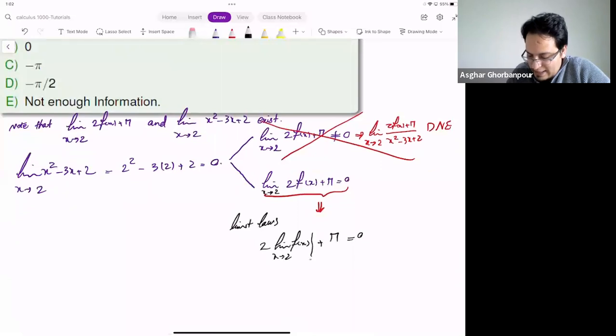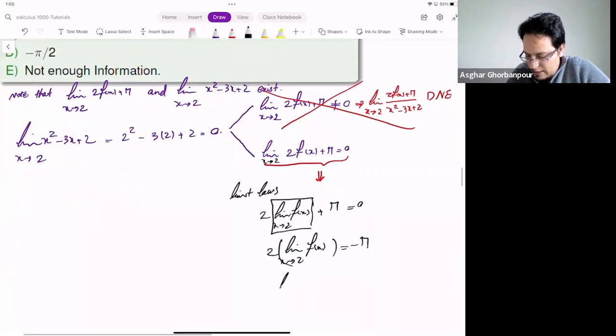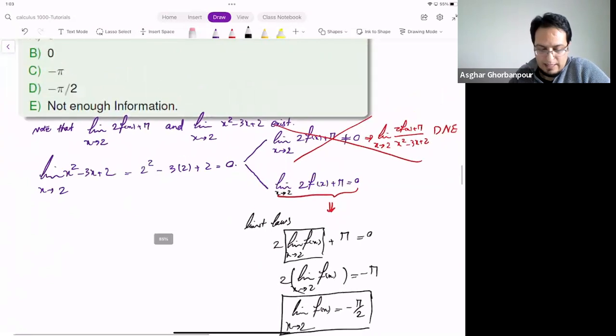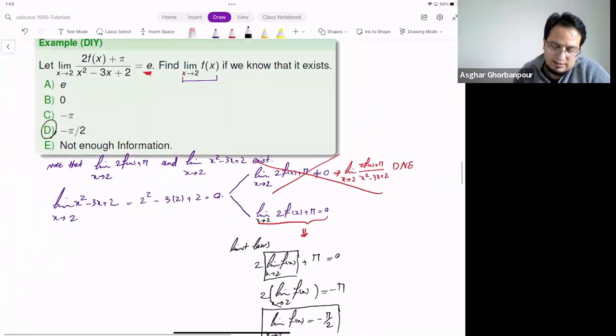And this is something that we are looking for, aren't we? So I have to solve this for that limit. And the limit of f(x) as x goes to 2 is minus pi over 2. And that way we know that this is the good answer for us.